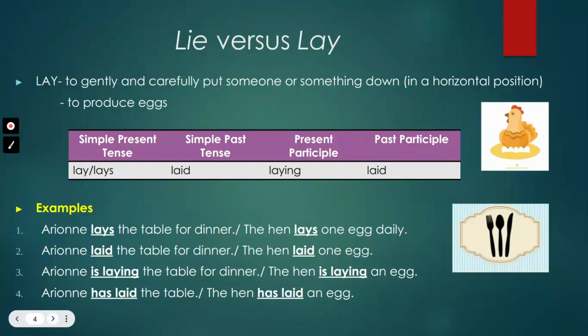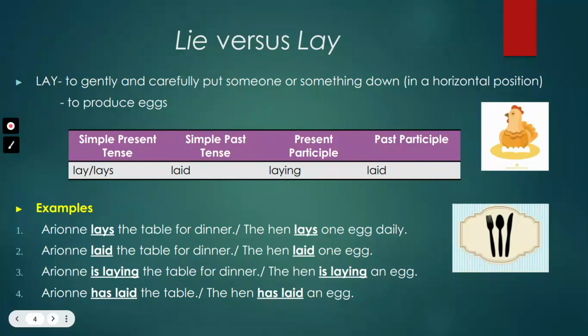Now, even though this verb has 2 different meanings, let me just make the point that these are not the only meanings of the verb to lay, but I'm just looking at 2 of those meanings. So even though the verb has different meanings, I want you to take note of the fact that the verb forms here are the same.